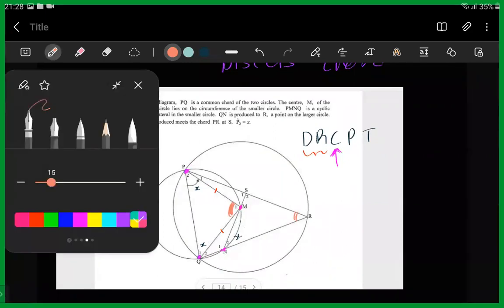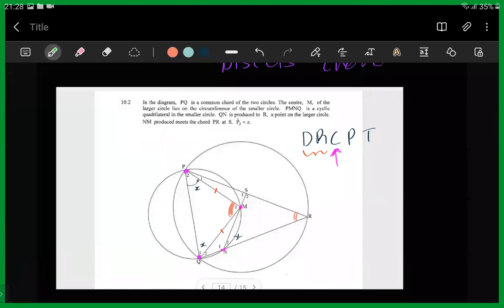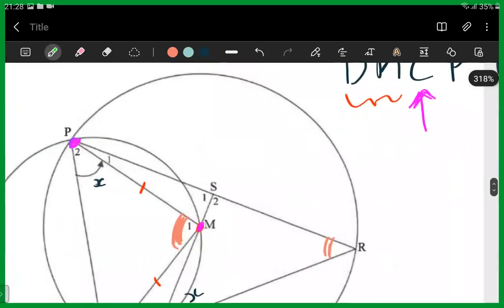Do you see that MS is a line from the center of a circle? A line from the center of a circle, what does it do to a chord? It bisects the chord. And what else happens at the point of intersection?